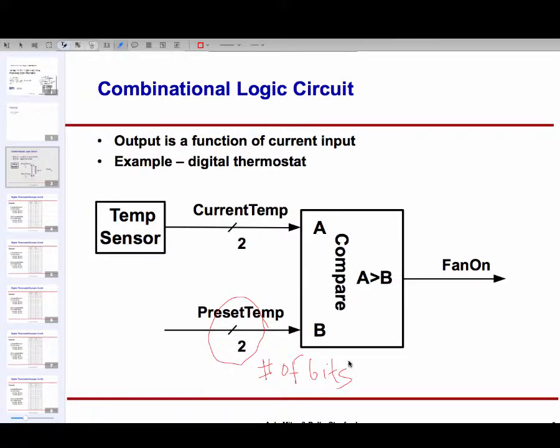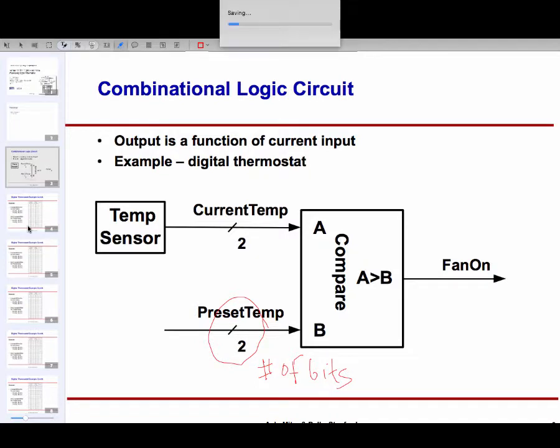And absence of such a thing, like on the output, means it's a single bit signal. So current temperature and preset temperature are both 2-bit signals, and therefore can take up to 4 distinct values.